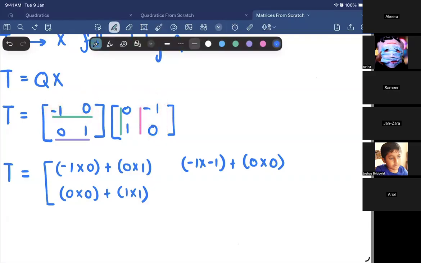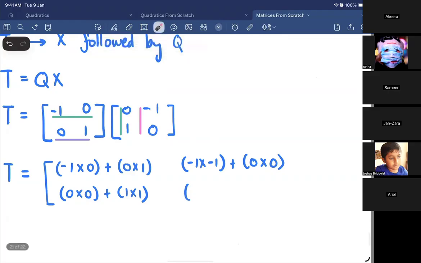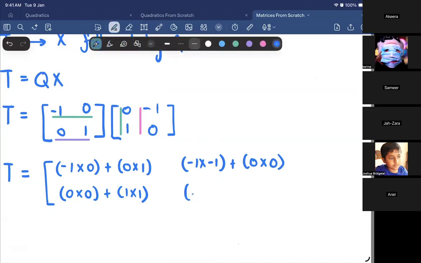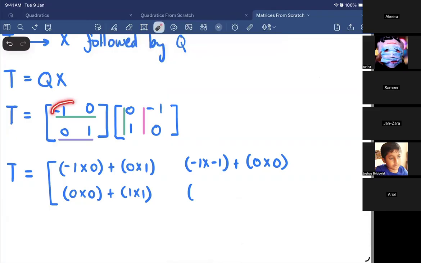So redeem yourself, Joshua. I want you to apply the same concept for the other row. Tell me what I would write here. We already multiplied this row by this column, so now we're going to move on to the other row.